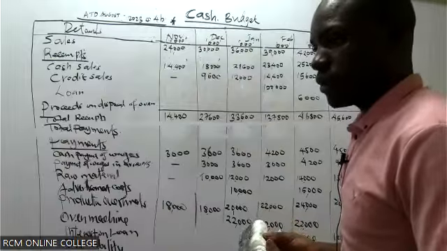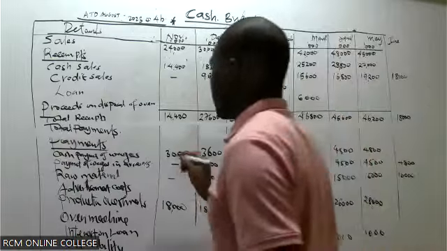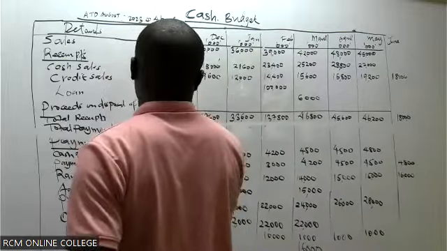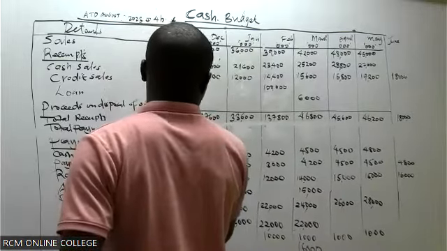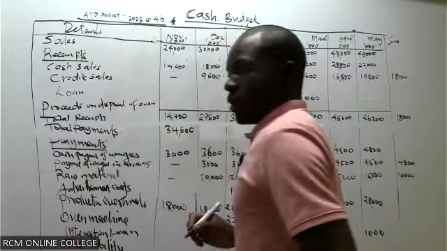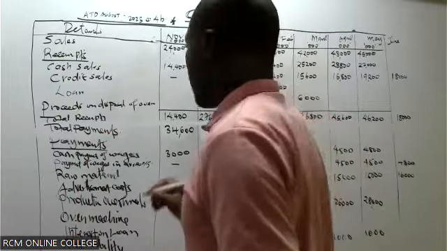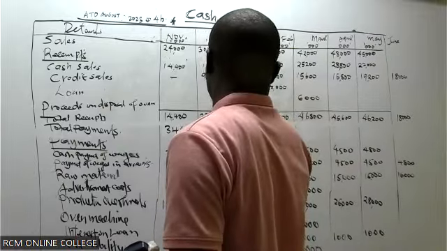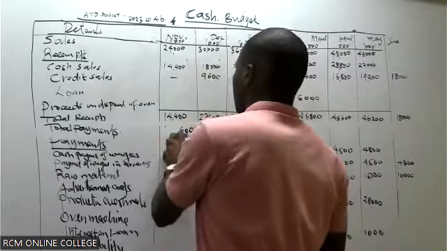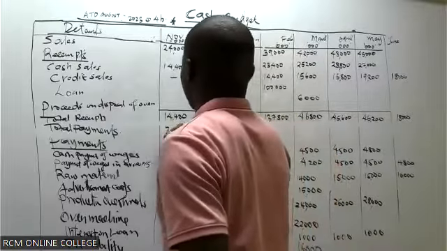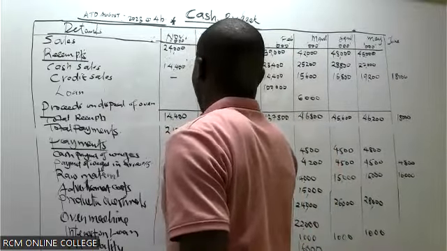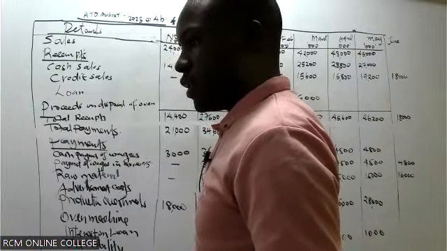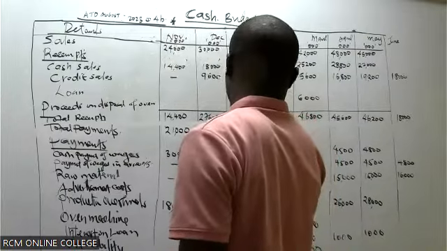Watu wamepata kweli? December 36,400. 34,600. Then November 21,000. Ukiongeza easy.